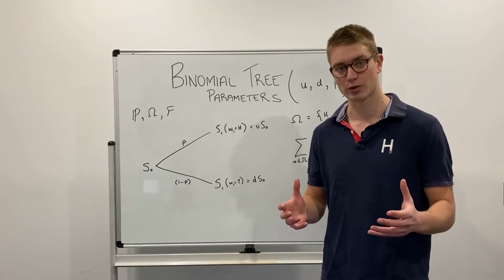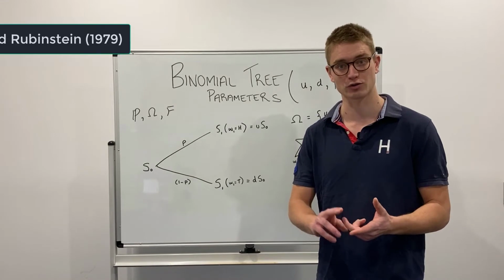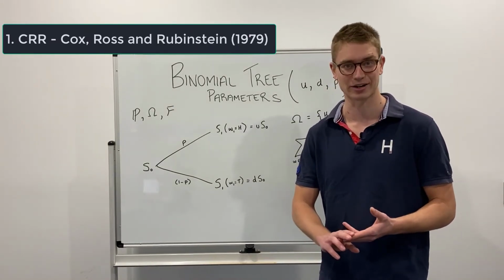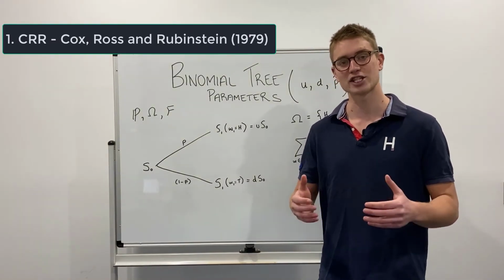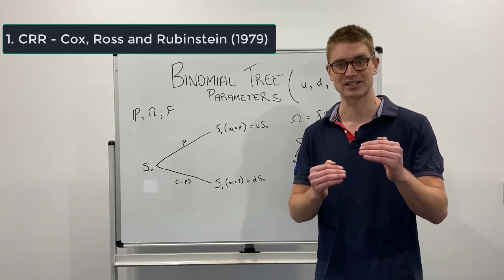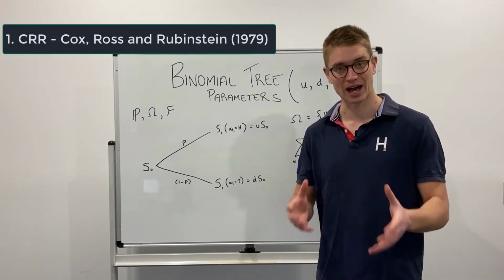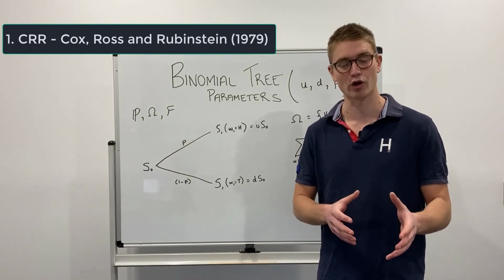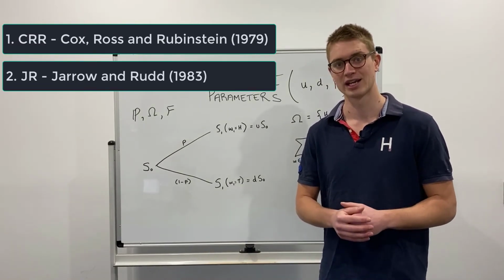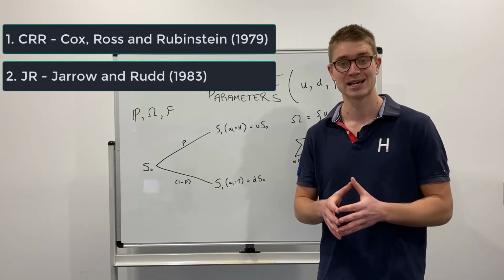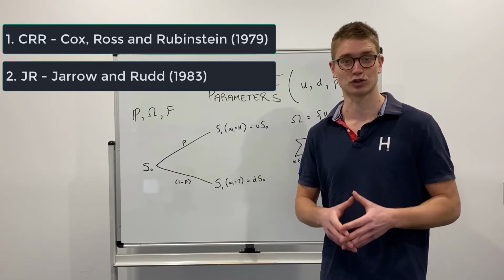The two that we're going to talk about first are the Cox, Ross and Rubinstein, the CRR methodology, where we choose equal size jumps for our underlying distribution. The other method is the Jarrow and Rudd, the JR method, where we choose the risk-neutral pricing probabilities to be equal to a half.